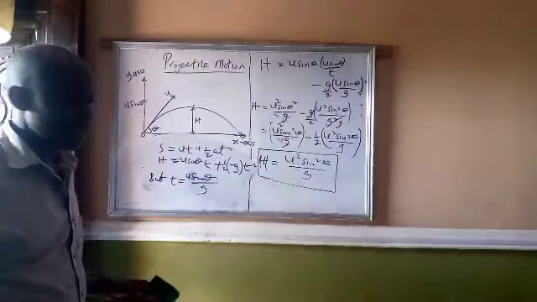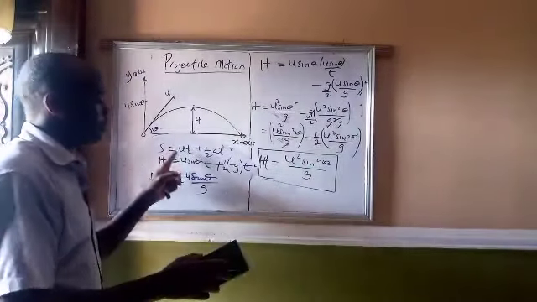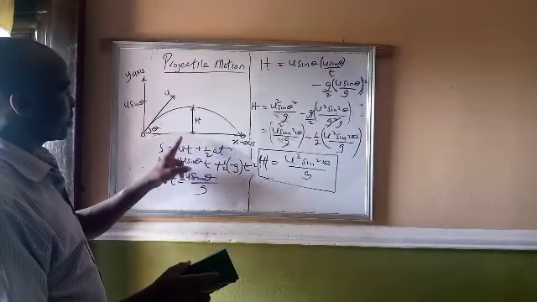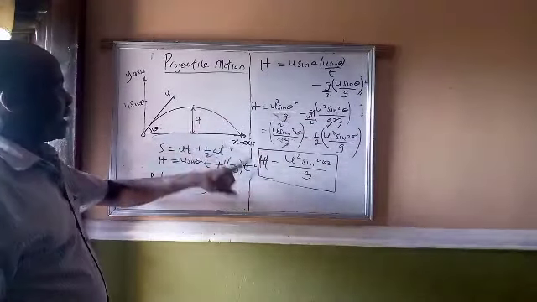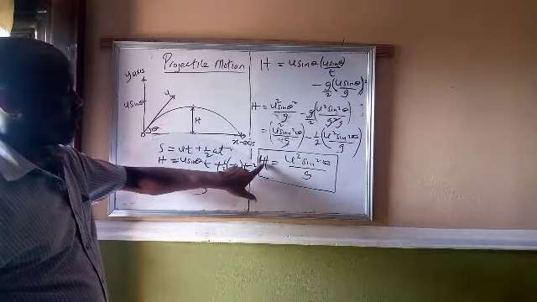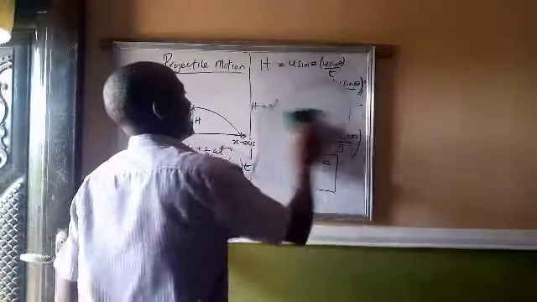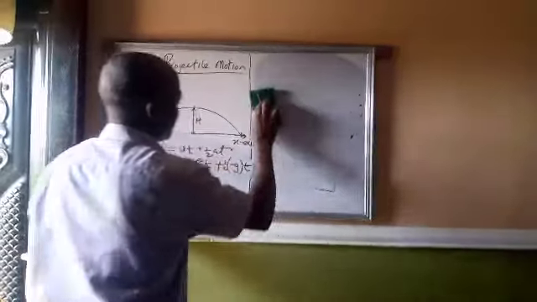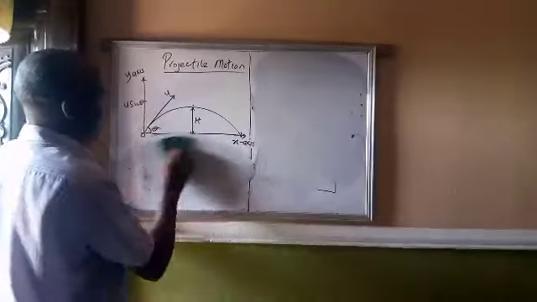Is that okay? So the last thing is the time of flight. We have talked about time of flight. We have talked about height. The last one is the range.